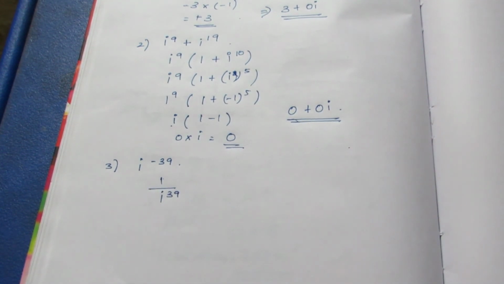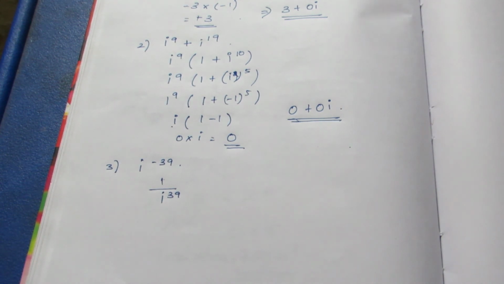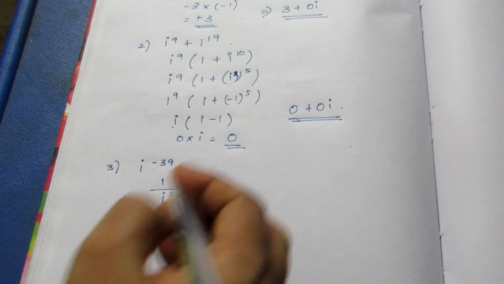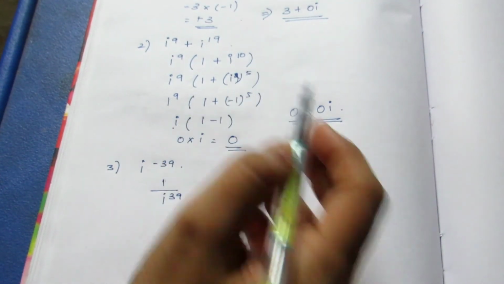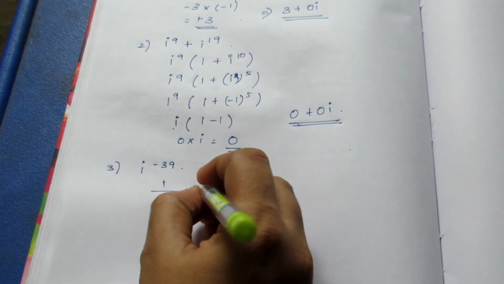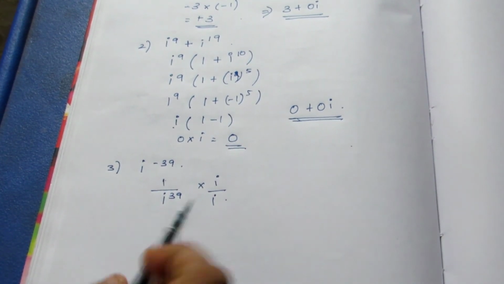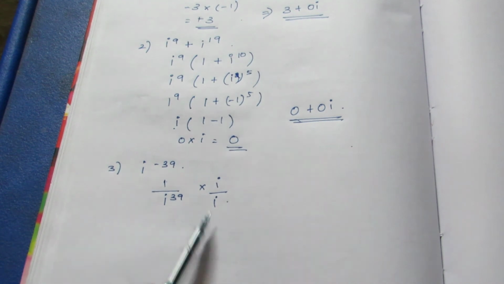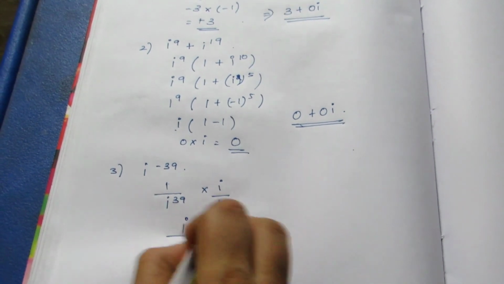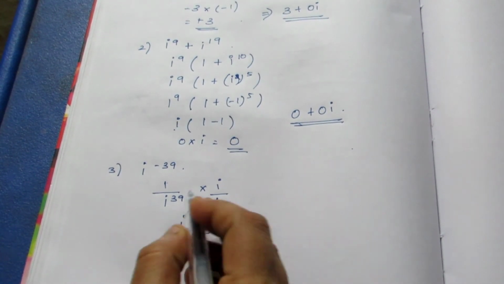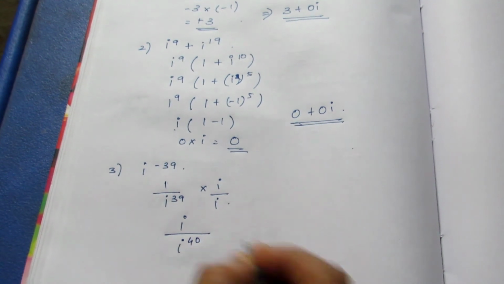If it is an odd power, we can't do anything, so I want to write it in an even power so that we can take the square as usual. So I want to multiply the numerator and denominator with i. The numerator becomes i and the denominator becomes, as the base is the same, we add the powers, 40.